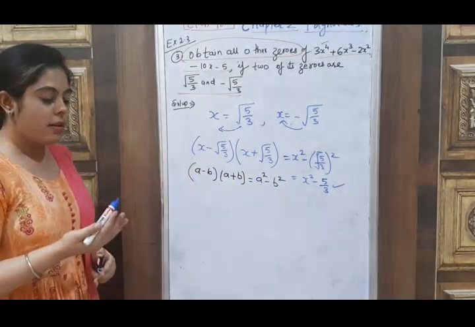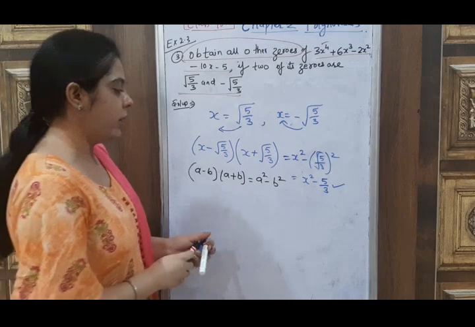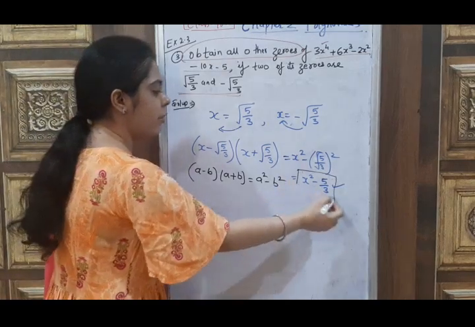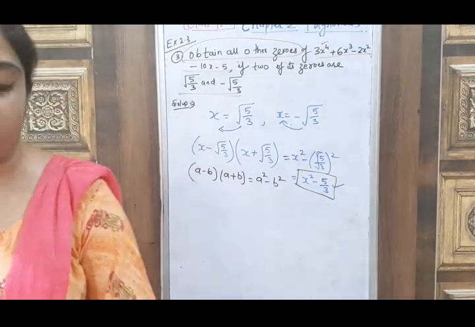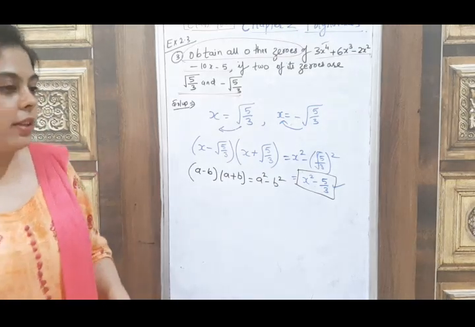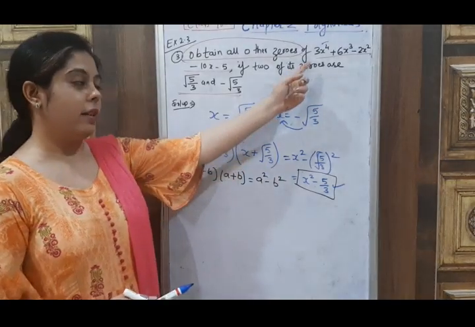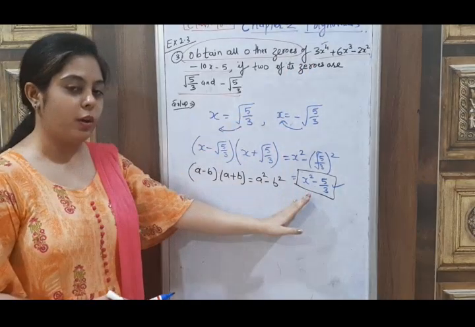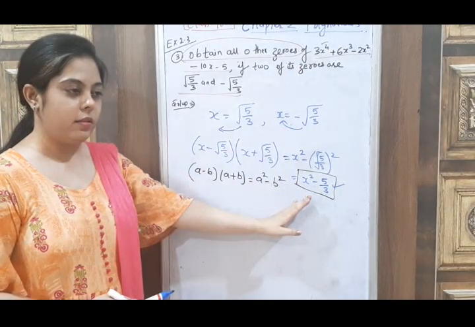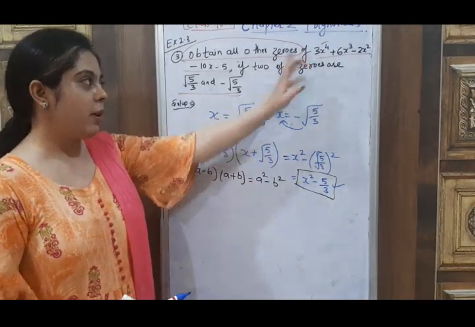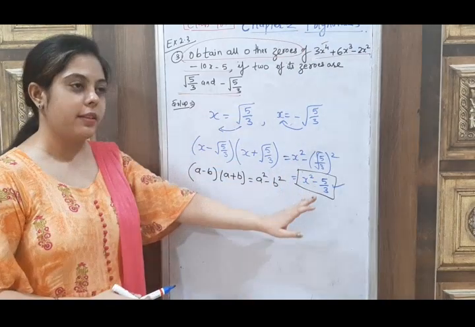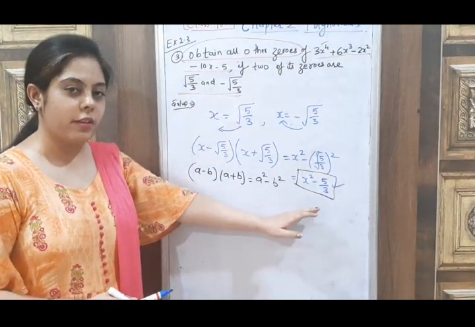Okay. अब हमारे पास एक न्यू polynomial है x square minus 5 upon 3 and now after this we will divide the given polynomial by the new polynomial. अब हमें इस polynomial को इस new polynomial से divide करना है by the long division method.